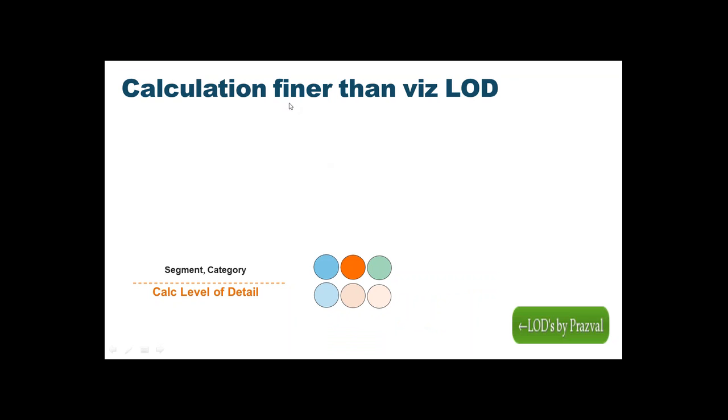So what about the calculation finer than this LOD? We call it finer when the LOD expression has more dimensions than the visualization. At my calculation level of detail, I have two dimensions, segment and category.